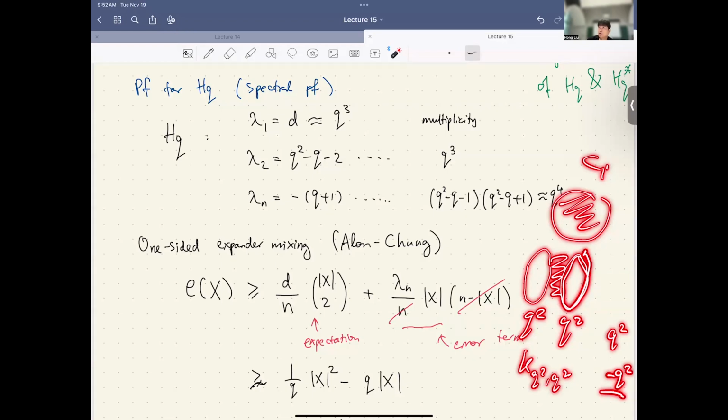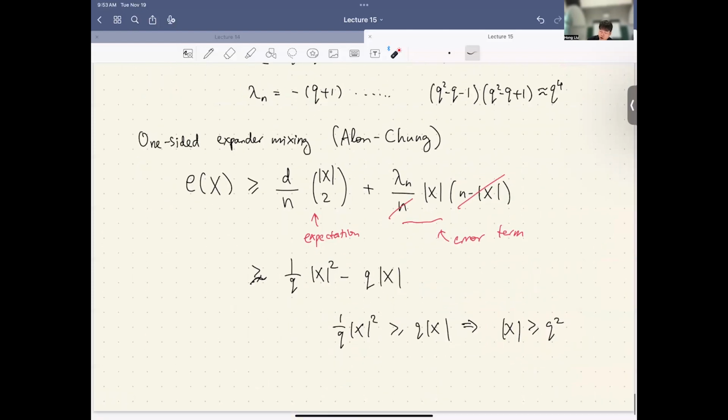By Cauchy interlacing, we know that for HQ star the minimum eigenvalue is also about negative Q squared, not negative Q anymore. And this negative Q squared will result in the square here, requiring X to be at least Q cubed. You will get a much weaker local denseness.